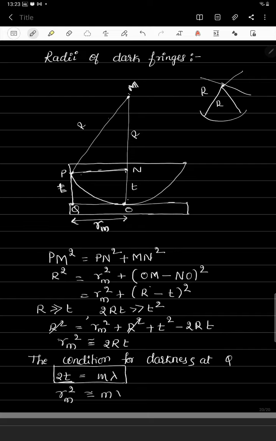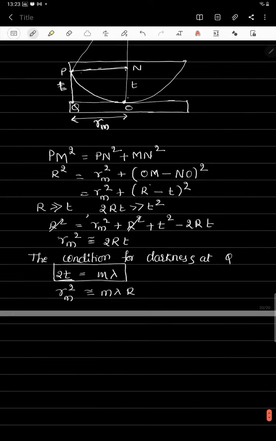So this becomes equal to m lambda into R. From this, Rm is equal to square root of m lambda into R, where the radius of different dark fringes, first dark fringe, second dark fringe, are found by this equation by substituting m values equal to 1, 2, 3 and so on.